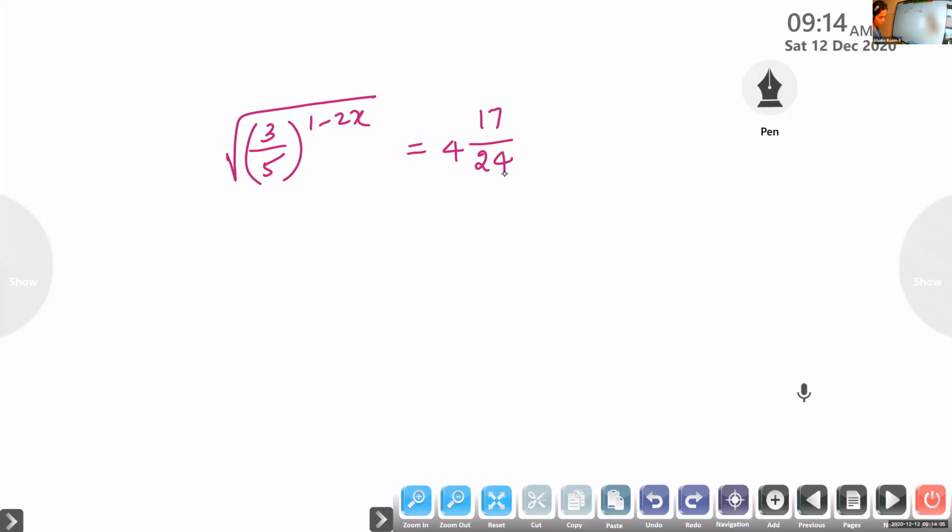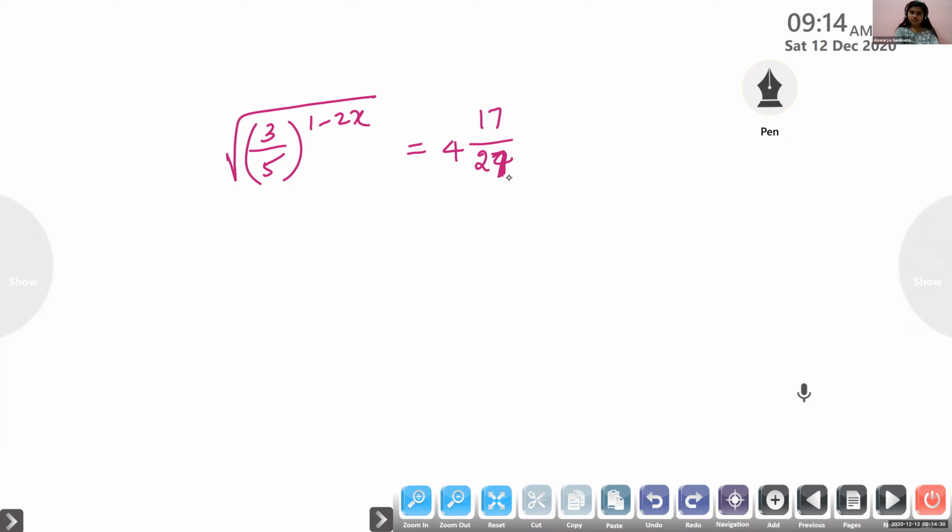Sorry, it is 27, not 24. Solve for x. So first, what will you do?